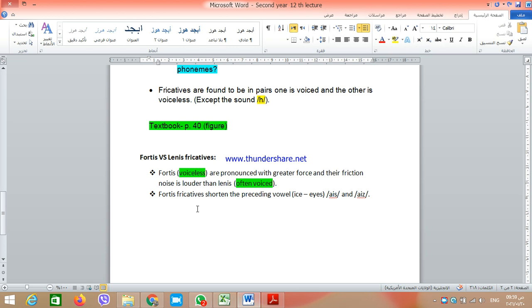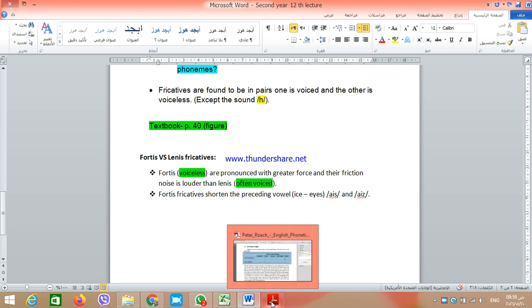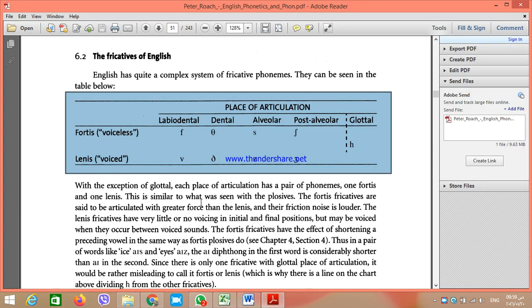As we said, we have always pairs. Now it's working. Look, the labiodental f is voiceless, and we have another labiodental fricative, which is v, which is voiced. So this is a pair of voiceless, voiced fricatives.